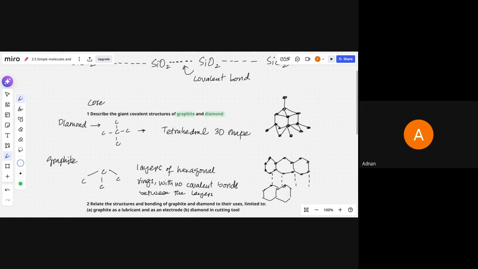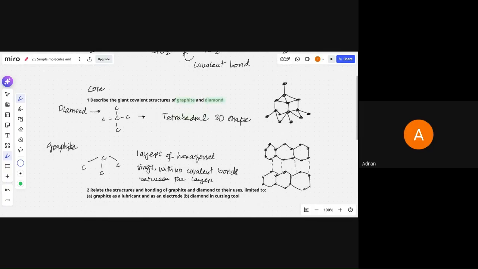We will talk about the significance of this in our upcoming topic number 2, how this property makes graphite a very useful substance. So this is how the structure of graphite looks.